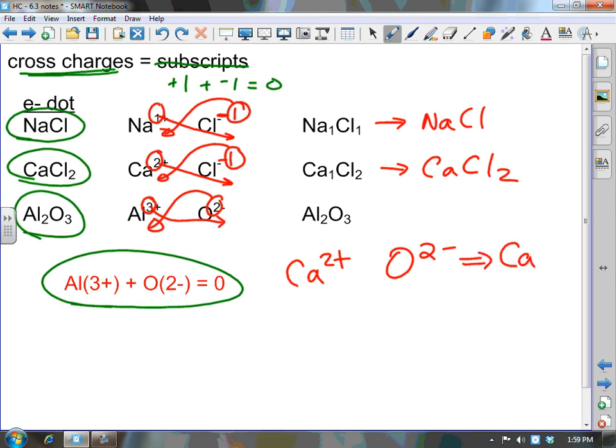So really the correct formula for calcium oxide, okay, calcium and oxygen, is CaO, one of each, because a plus 2 is canceled out by a minus 2. So as we're doing this, this is how we want to kind of approach those examples. And we could do a ton more in the book. This leads right in the very first section of chapter 7.